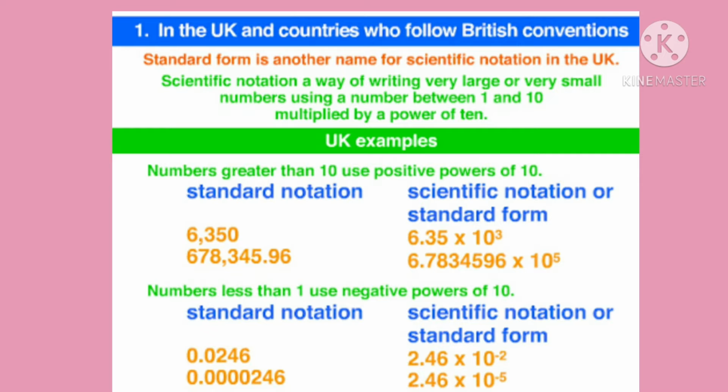Scientific notation is one way of writing very large or very small numbers using numbers between 1 and 10 multiplied by a power of 10. For example, numbers greater than 10 use a positive power of 10, whereas numbers less than 1 use a negative power of 10.